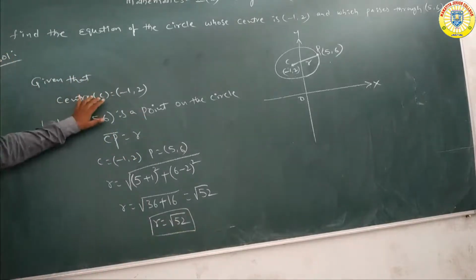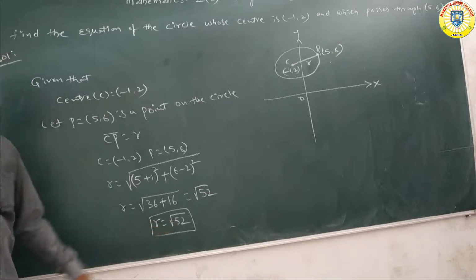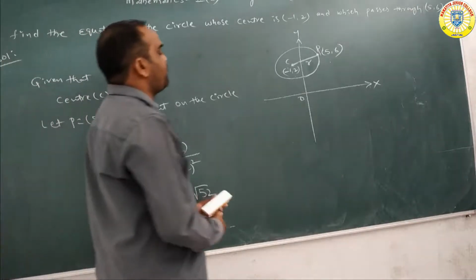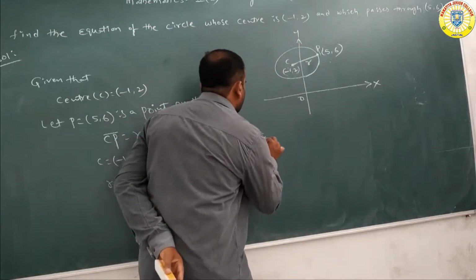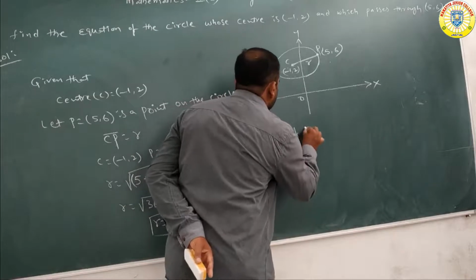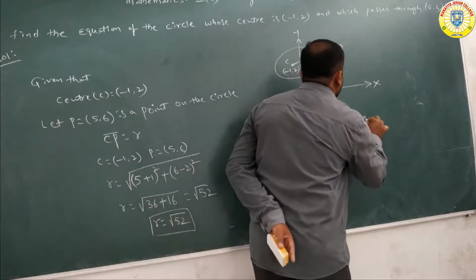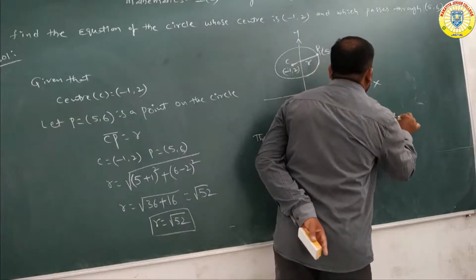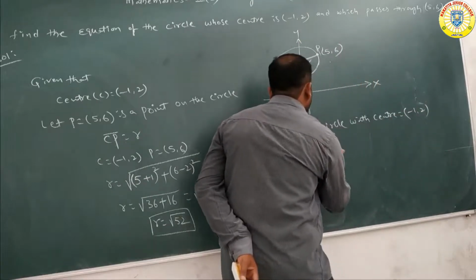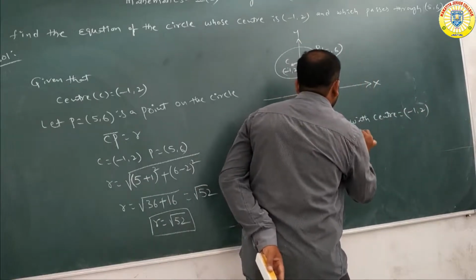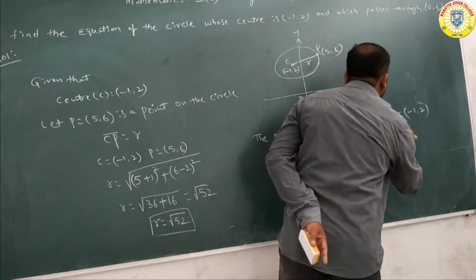Here the center is there, the radius is there. Center (-1, 2), radius is under root of 52. Now we are finding the equation of the circle. So the equation of the circle with center (-1, 2) and radius under root of 52.